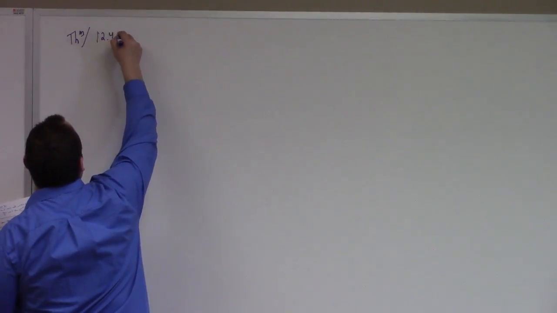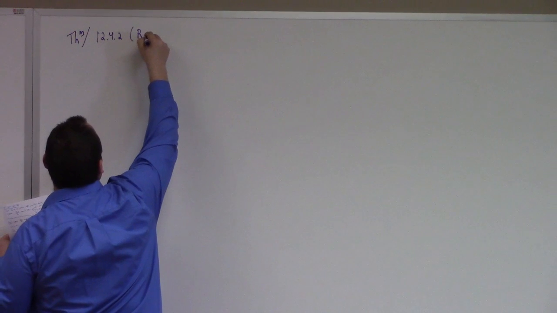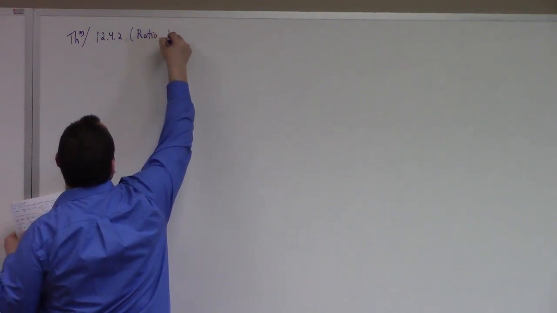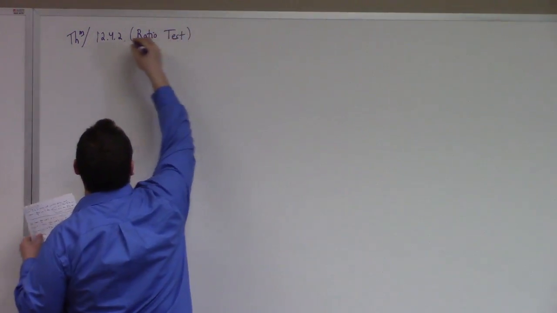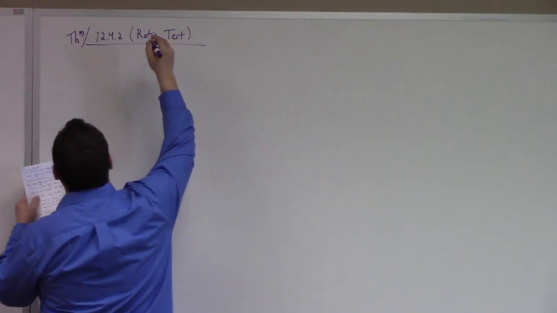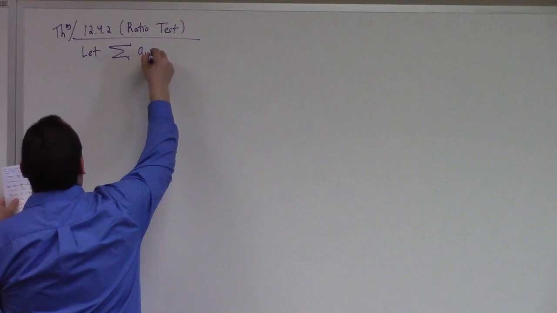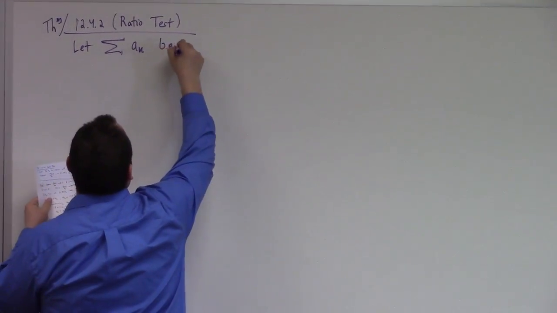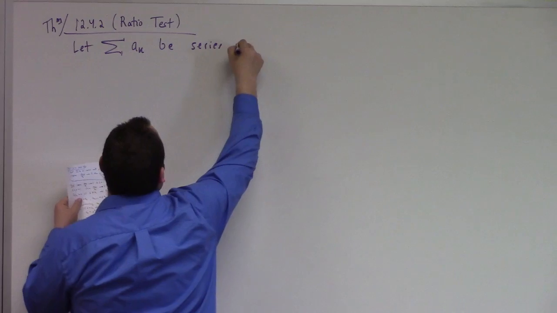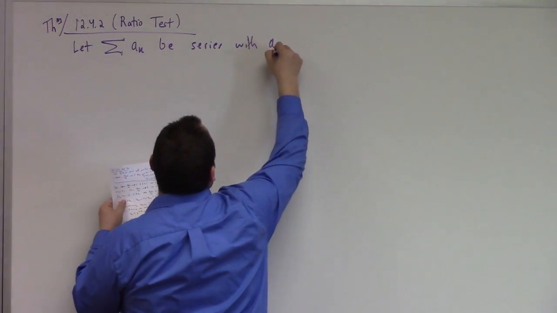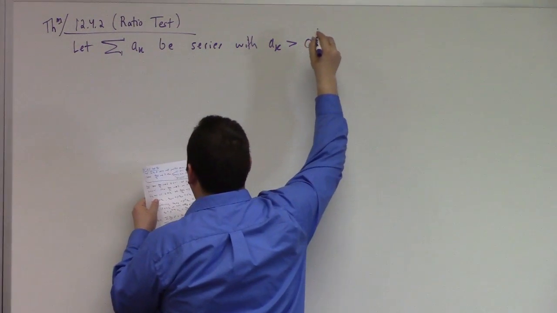Theorem 11.4.2, the so-called ratio test. Let the sum over a sub k be a series with positive terms, so a sub k greater than 0, all right?